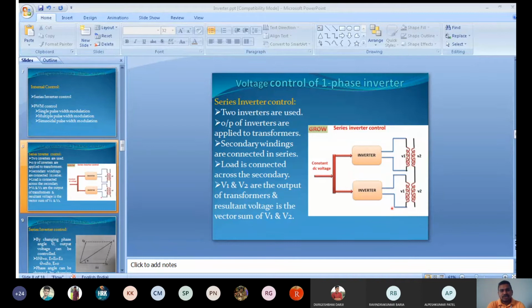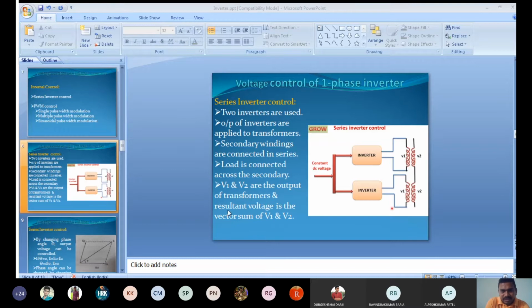At this point the carrier signal becomes equal to the reference signal, so the pulse is generated, and it continues to be generated up to this point. This is known as the pulse width.